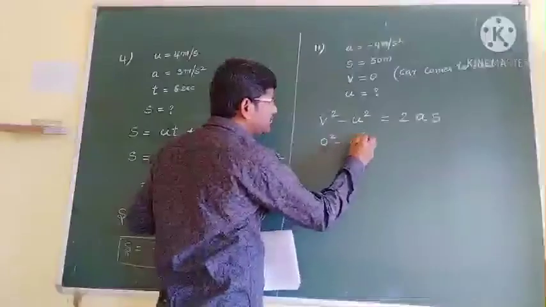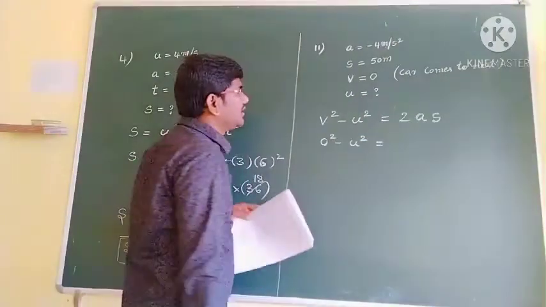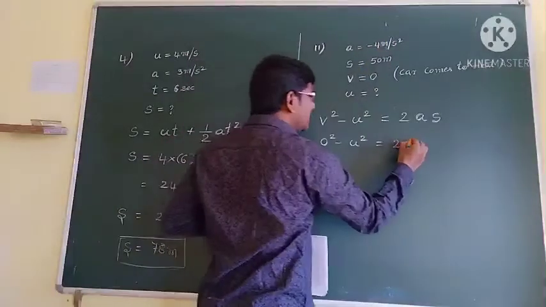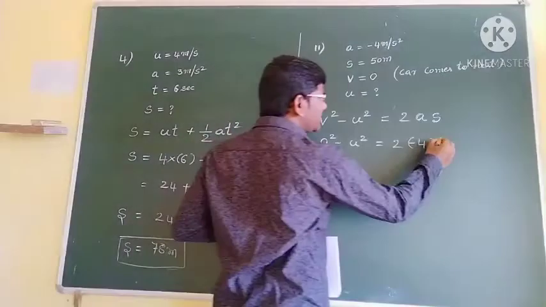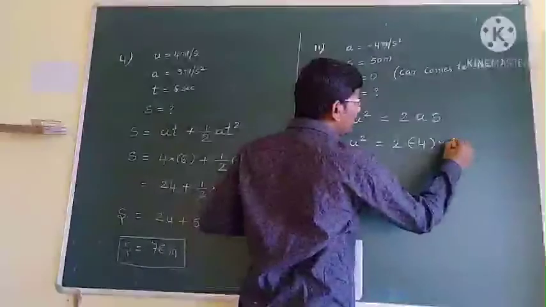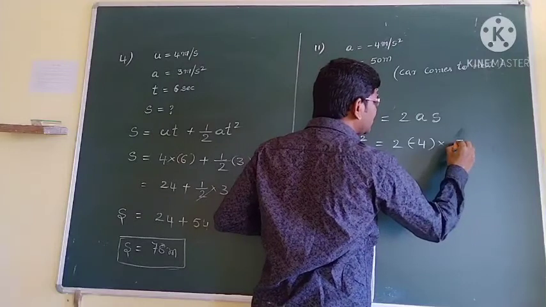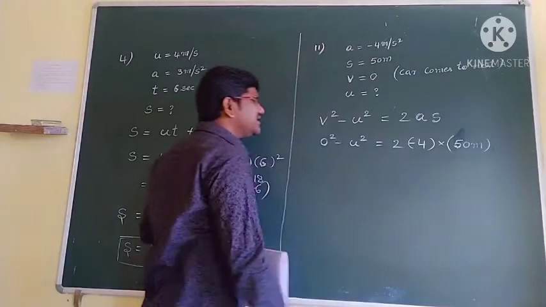So u squared we don't have the value, and 2 into acceleration, that is called deceleration, minus 4 is given, and displacement is given as 50 meters.